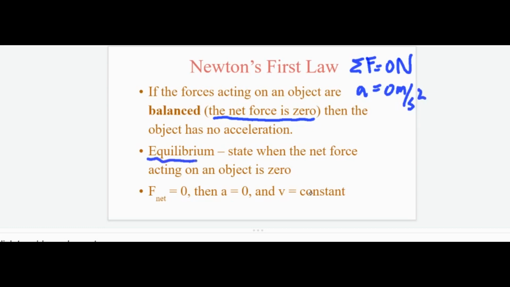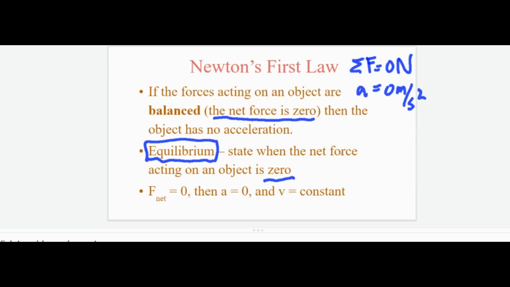Now, it also gives us the concept of equilibrium. What is equilibrium? Equilibrium is a state when the net force acting on the object is 0. So, when the net force is 0, then that object is in equilibrium. Think about that: equilibrium, from the word equal.